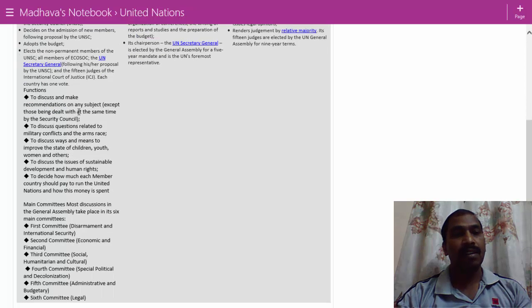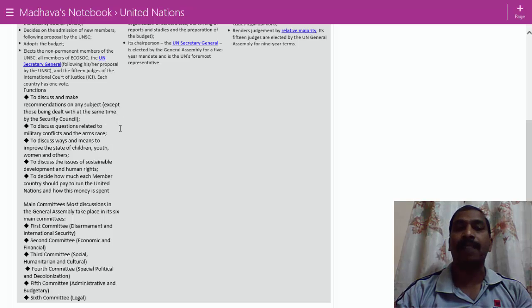They discuss and make recommendations on any subject except those being dealt with at the same time by the Security Council, which discusses questions related to military conflicts. They also discuss sustainable development and human rights, and decide how much money is needed to run the United Nations and how this money is spent.